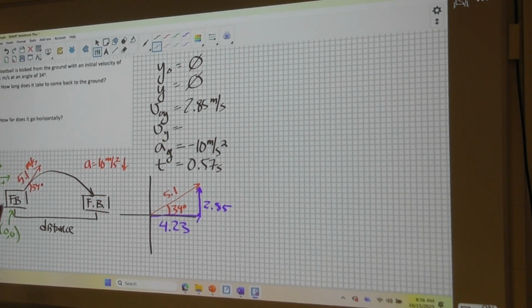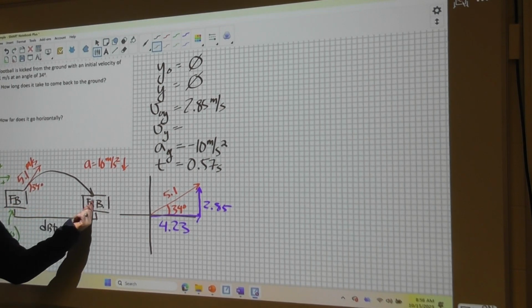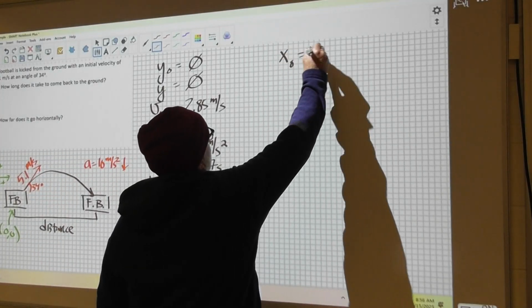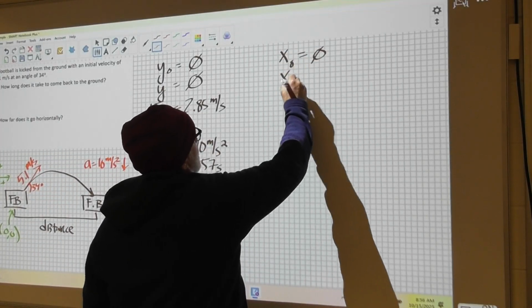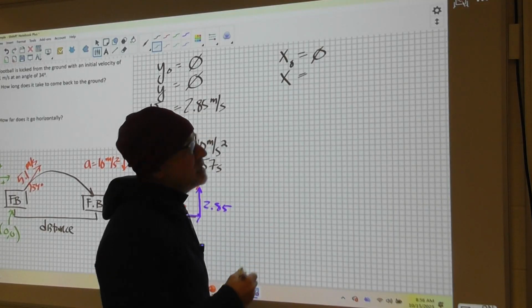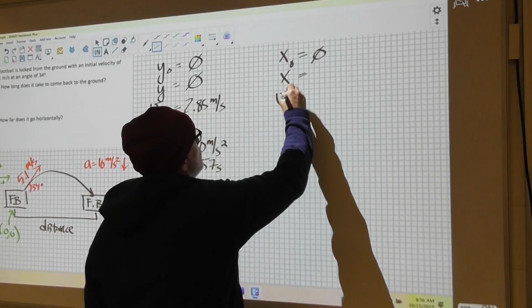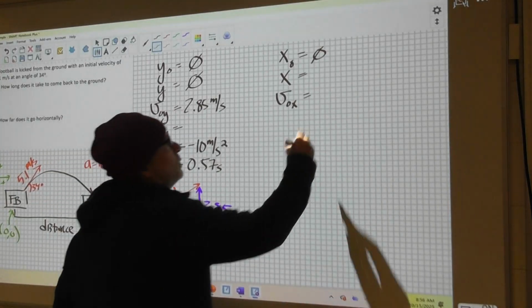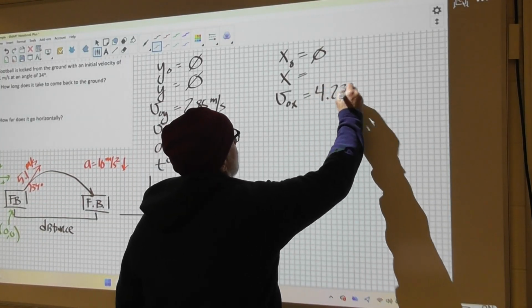Part 2 is to figure out how far it travels left to right during that time. So for that, we use our horizontal variables. It starts at position 0. We don't know where it ends. That's what we're trying to find. We do know its initial horizontal velocity. It's 4.23 meters per second.